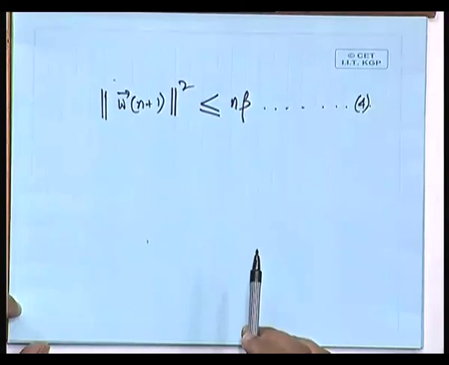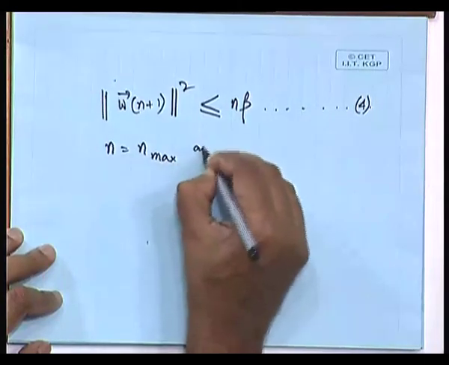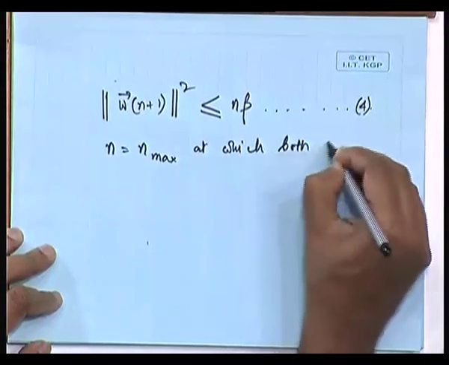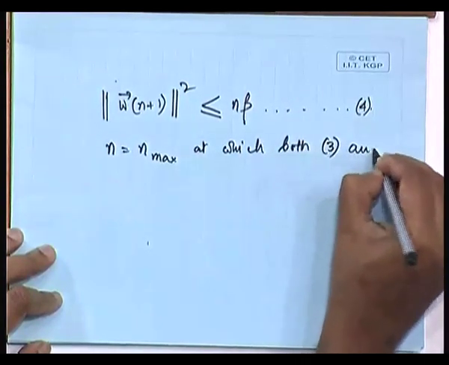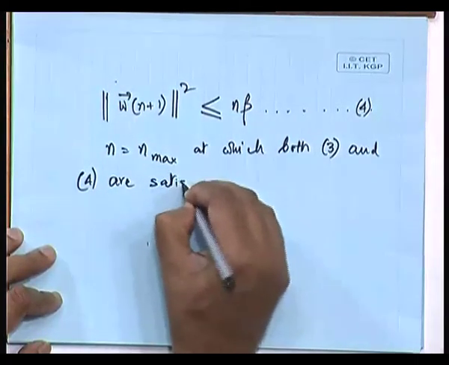So we must have some point, the limiting case, at which both 3 and 4 are satisfied. Let us say n equal to n max, at which both 3 and 4 are satisfied with the equality sign.